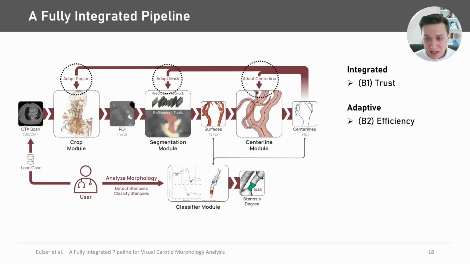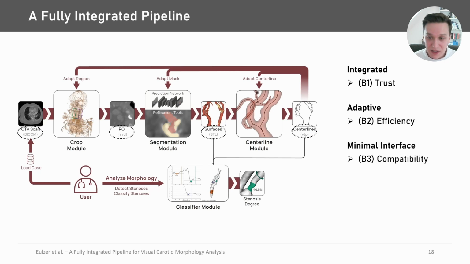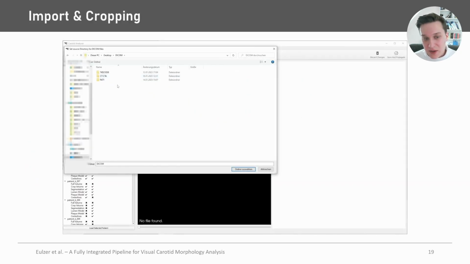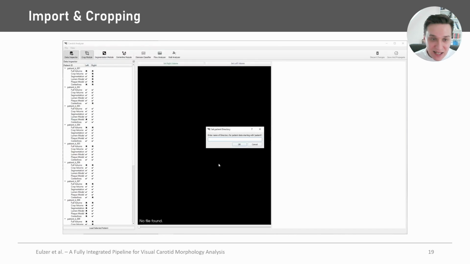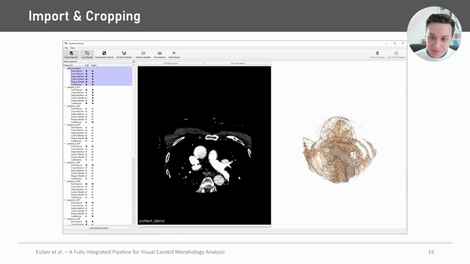Then we apply a minimal data interface, which leads to higher compatibility. And with modular, we mean that the pipeline is secluded in processing and visualization stages, and thus can easily be extended with further processing or viz modules.